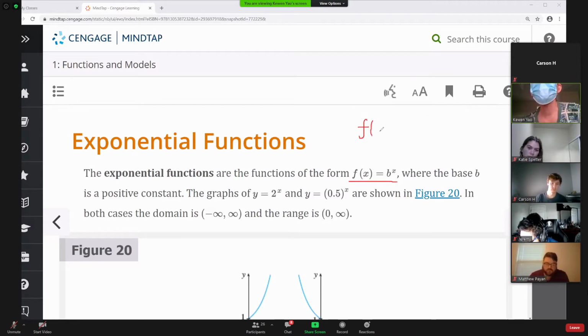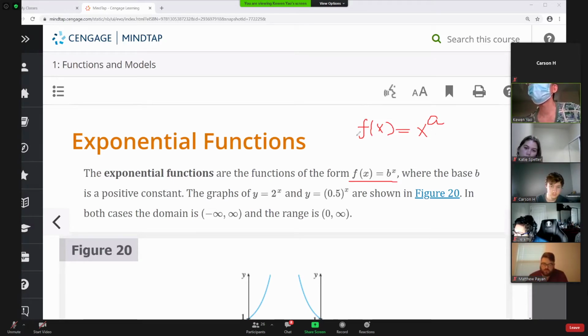A few minutes ago, we discussed this function, f(x) is equal to x to the power a. Now this function is f(x) equal to b to the power x. Are these the same? One is f(x) equal to x to the power a, the other is f(x) equal to b to the power x. Are these the same functions?